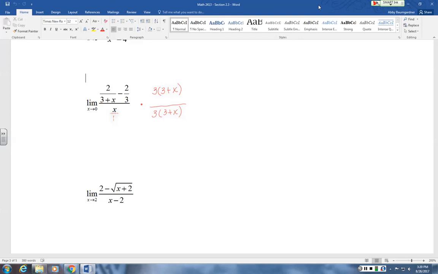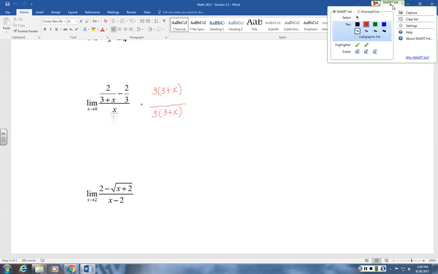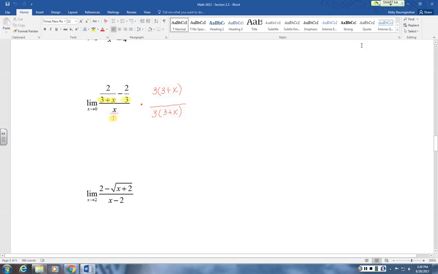Now, where did we get the 3 and the 3 plus x from? Well, I looked at my 3 denominators here, 1, 2, 3, and I found a common denominator that would represent all 3 of them. This 1 down here doesn't need any representation.